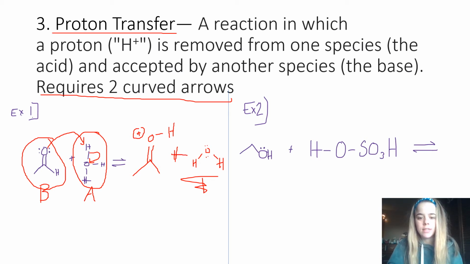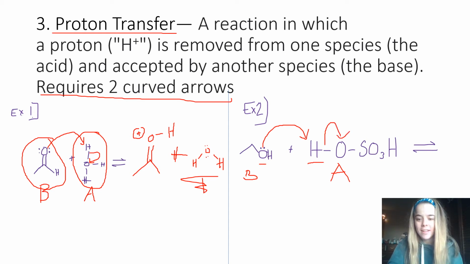So in this next example, we have a hydrogen and an oxygen. So this oxygen is going to come in and take this hydrogen away. So this is going to be the acid in this reaction, and this is going to be the base as it accepts the hydrogen ion. And I almost forgot to draw the second arrow. So this bond is going to come onto the oxygen here.